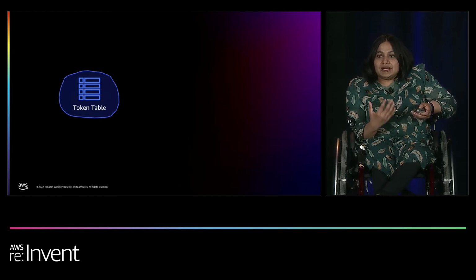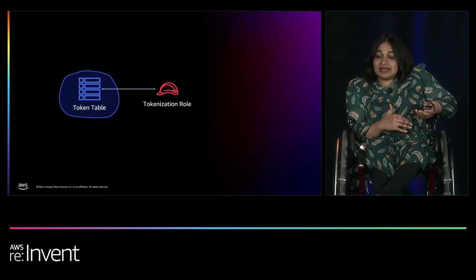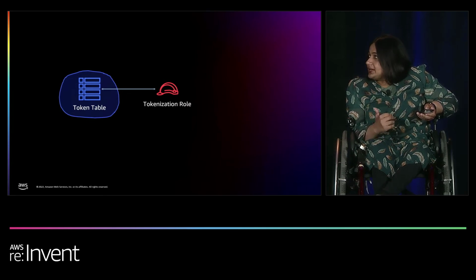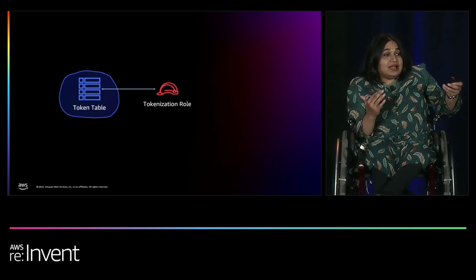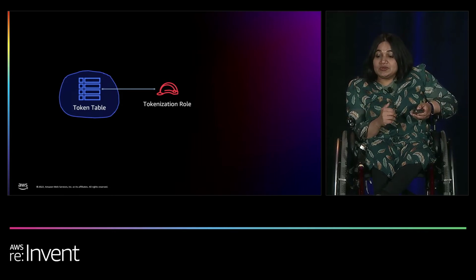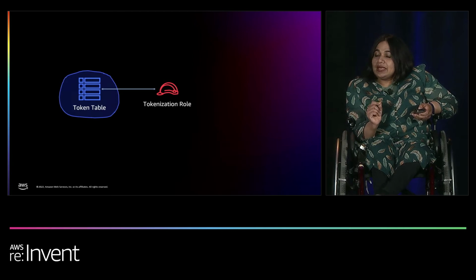Remember, part of the zero trust architecture, least privilege, least access, dynamic access, those are key parts to achieving a zero trust architecture. So by using IAM policy analysis, the same analysis that underpins IAM Access Analyzer that Nancy mentioned, we can determine in Lumos that there is only a single role that has access to the token table, only the tokenization role.